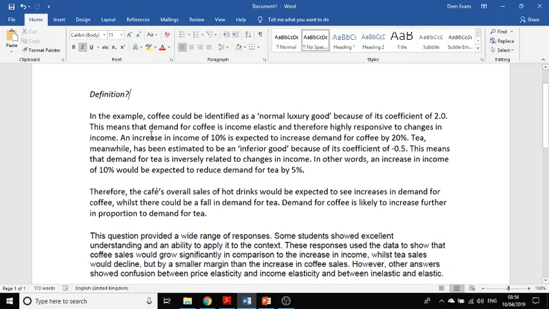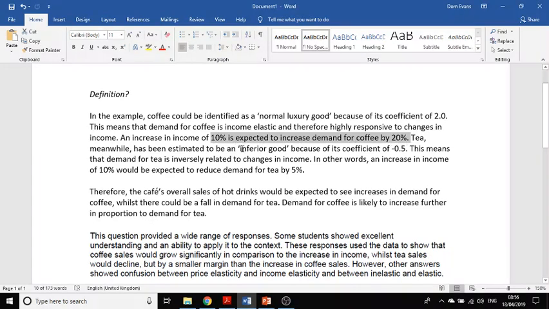Okay, so I've shown the examiner that I really understand what income elasticity of demand is, and I've put in a calculation here. Whenever I'm doing calculations of price elasticity of demand or income elasticity of demand, if they haven't told me specifically how much price or income is changing by, I always use 10% because it's just easy. So there we go.